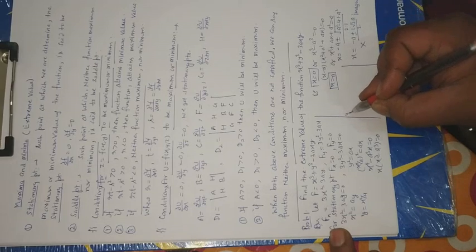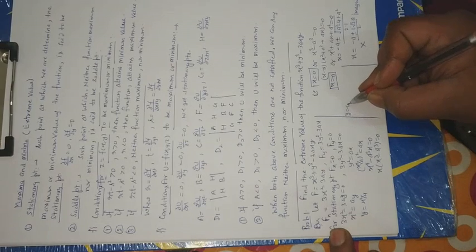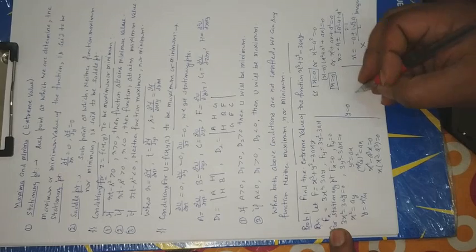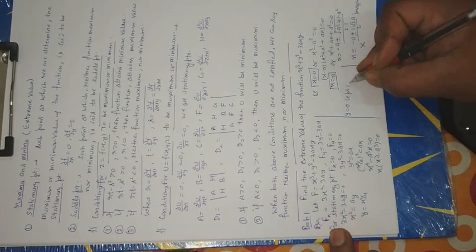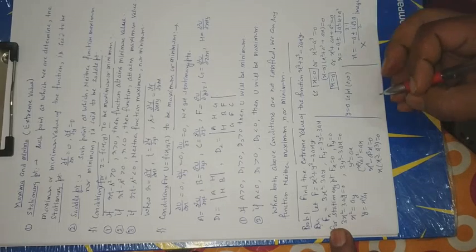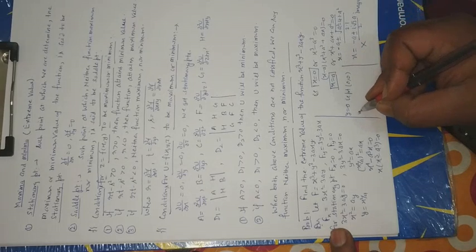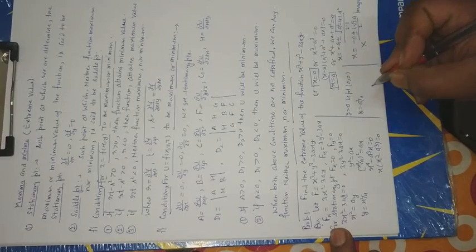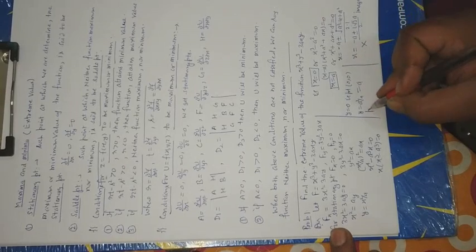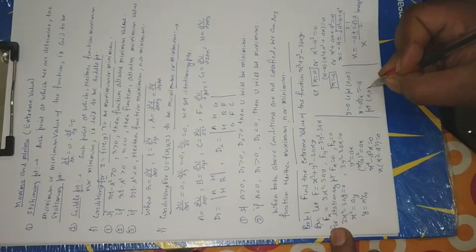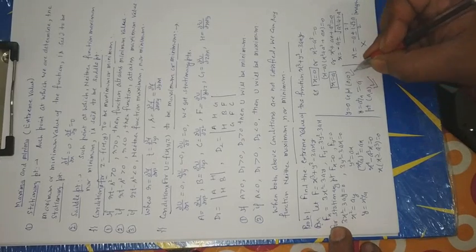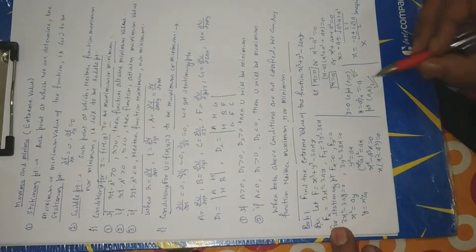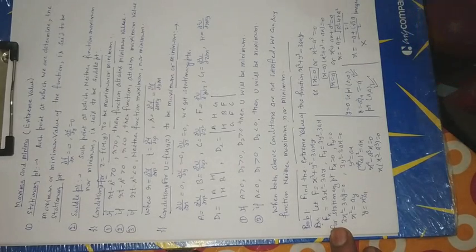Now here y is equal to 0 at x is equal to 0, that is point (0, 0). Now x is equal to a, then y is equal to a square upon a, this is equal to a, point (a, a). Therefore there are two stationary points, (0, 0) and (a, a).